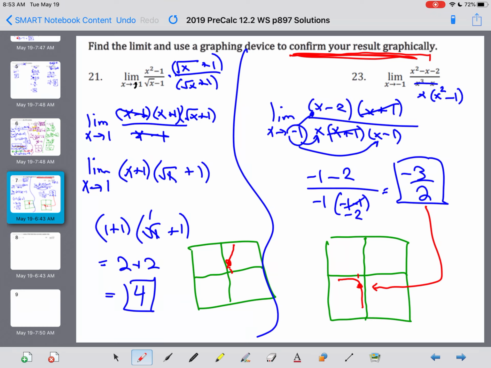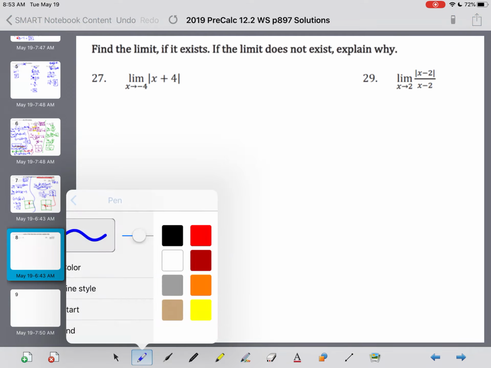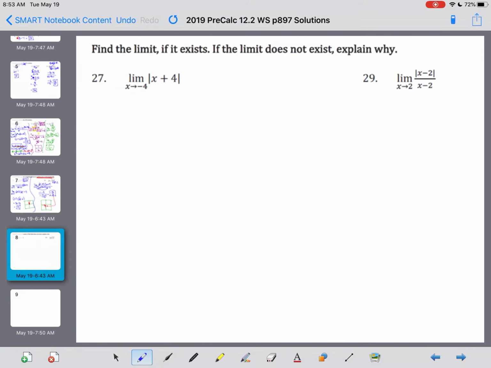Okay, last couple here deal with absolute value. And what we have to check is we have to check on each side of the value. So we got to do a right hand, left hand here for number 27. So let me switch to blue pen. Okay, so what I need to do is check a couple of things here.